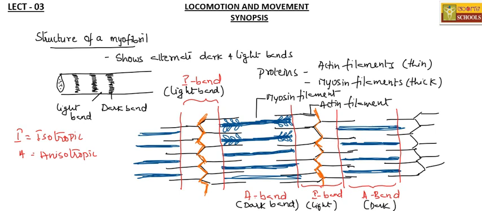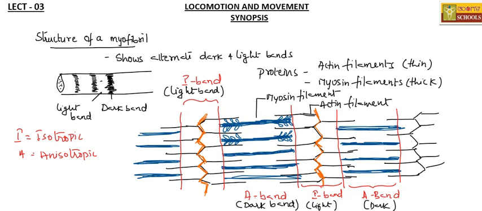Wherever we see this dark region is the location where the actin filaments and myosin filaments overlap, whereas the light band is a region where you find only actin filaments.